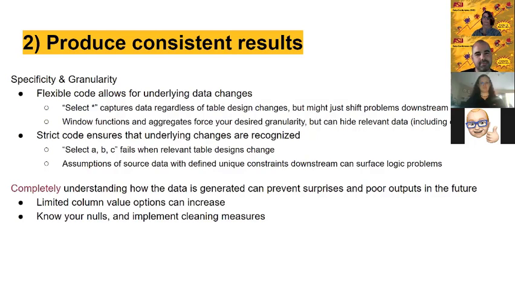No matter what happens, I'm only going to get one record per student. But there's no guarantee it's going to be the record I want. And if you misunderstood the data that's being generated, or the logic isn't quite there, or the data changes, you might end up missing records that you actually would have cared about. So there's different approaches to produce different types of outcomes.